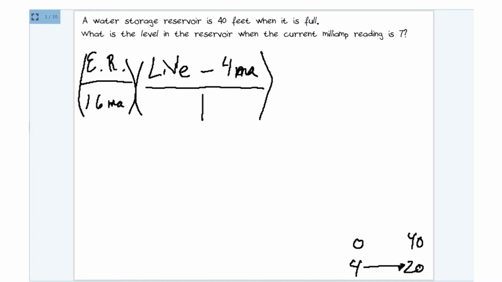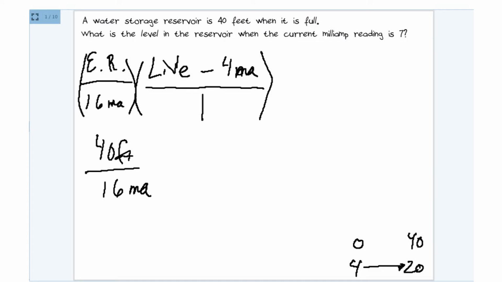So we know that the entire range, I'm going to write it right below the template there, is 40 feet, and it's going to be over 16 milliamps. Units of measure are going to be very important.